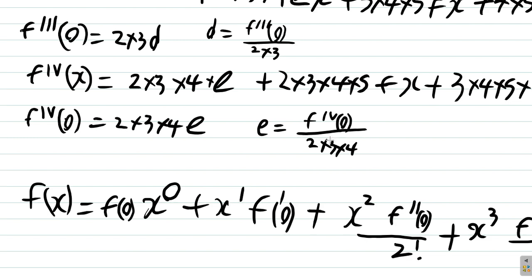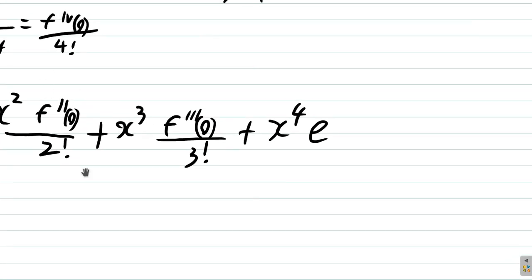But 2 times 3 times 4 is the same as 1 times 2 times 3 times 4. So it's really f fourth prime of 0 over 4 factorial, plus and so on and so forth.